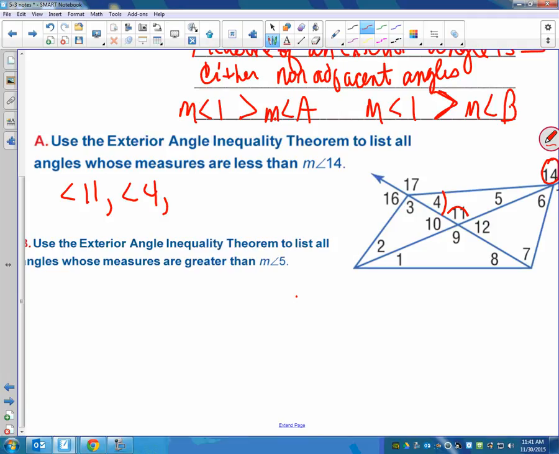Anybody give me a reason why we should add some more angles there? Eight, because it's congruent to 4.